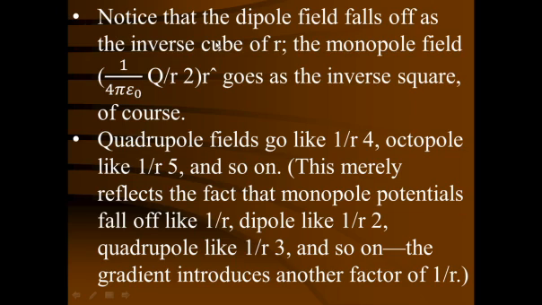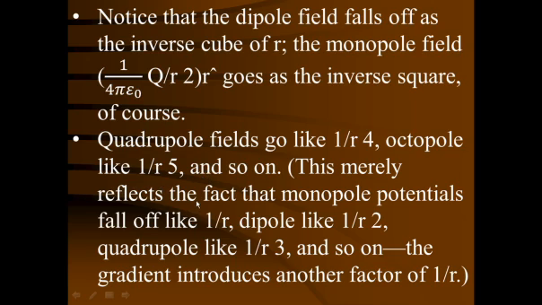Notice that the dipole field falls off as the inverse cube of r. The monopole field, 1 upon 4 pi epsilon 0 q upon r square r caret, goes as the inverse square. That means the electric field due to the monopole is proportional to 1 upon r square, and due to the dipole it is proportional to 1 upon r cube. Similarly, the electric field due to the quadrupole is proportional to 1 upon r raised to 4, and octupole 1 upon r raised to 5, and so on.